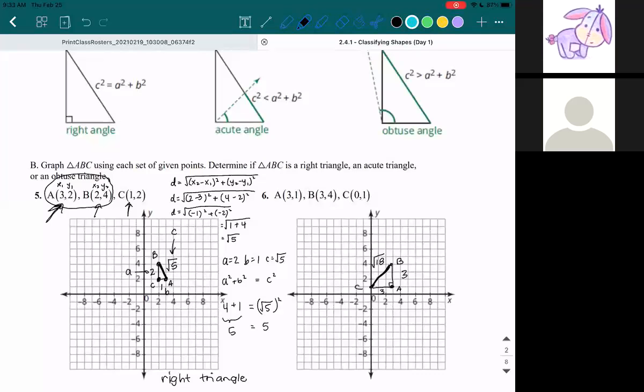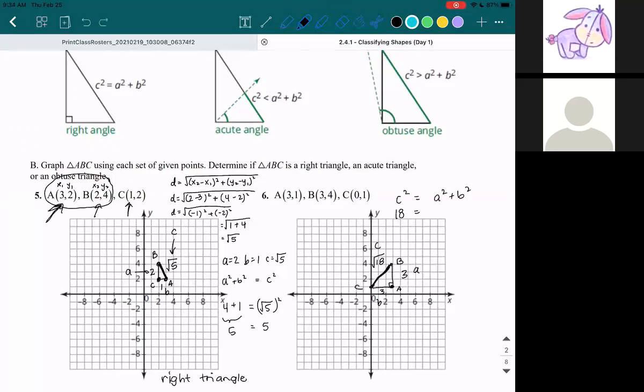And so, let's test it out. Square root of 18 is your C, and then we can have these be your A and B. It really doesn't matter. So we have C squared, and we're going to compare that to A squared plus B squared. And let's see if it's equal, or if it's less, or if it's greater. So C squared, square root of 18 squared is going to be 18. And let's figure out if it's equal to A squared plus B squared. So A is 3.